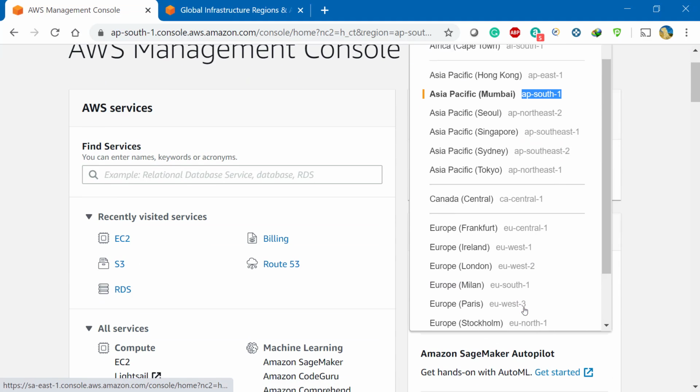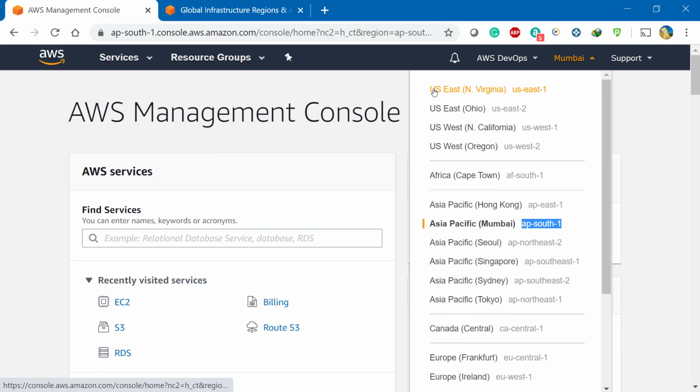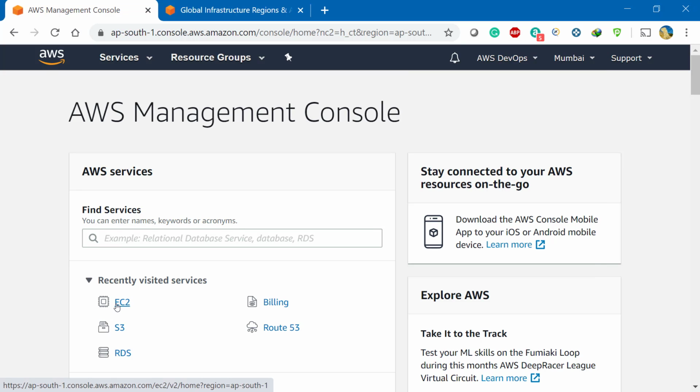So what does this mean? If we are doing something in a region, for example I'm in Mumbai, all my content would be stored in the Mumbai region. They do not store stuff in other regions. Now, considering an example of an EC2 instance: what is EC2? EC2 is a virtual machine in layman's language.